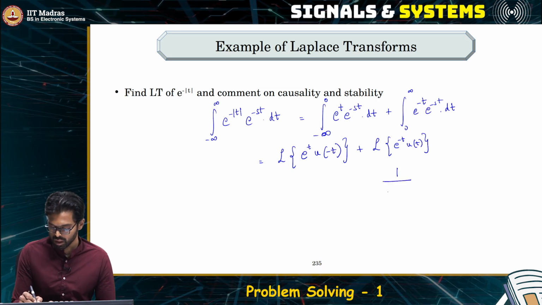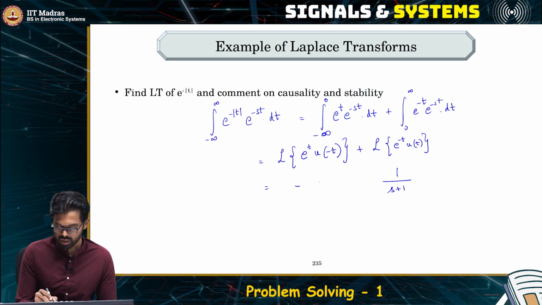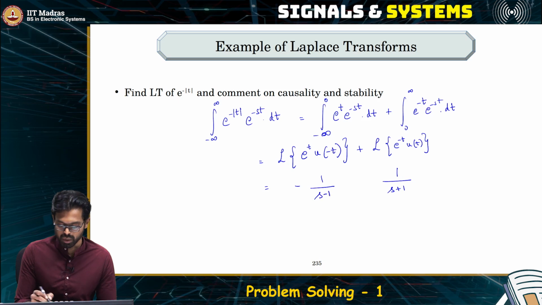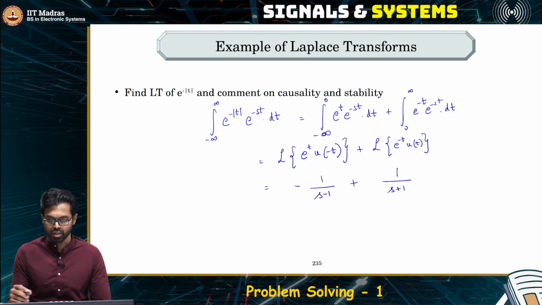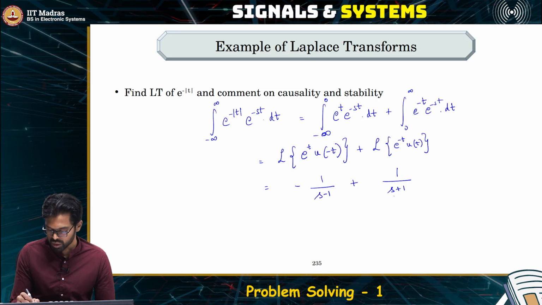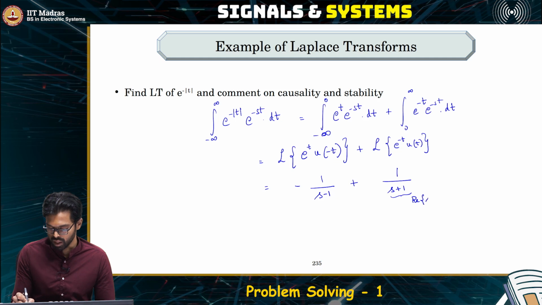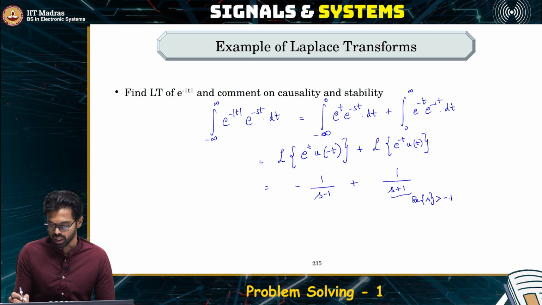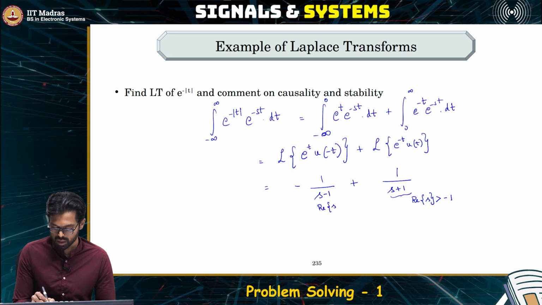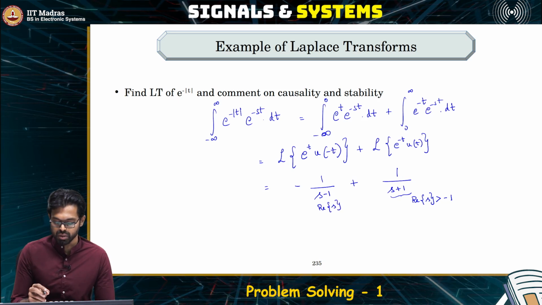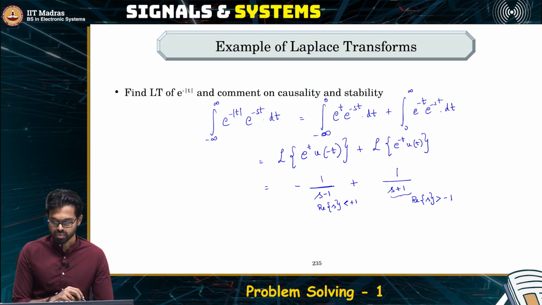It is 1 by s plus 1, and we have minus 1 by s minus 1, right? And what is the ROC for this term? The ROC for this term is the real part of s should be greater than minus 1, and the ROC for this term is that the real part of s should be less than plus 1.